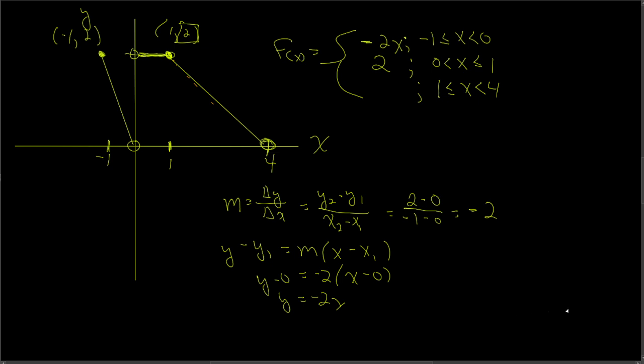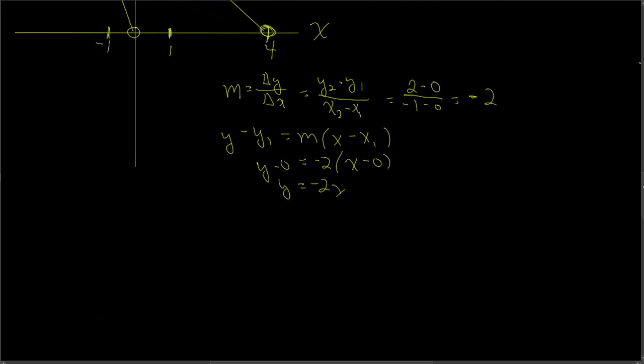And the slope for this is going to be, I'll come down for some empty space. We're going from the point 1, 2 to 0, 4.